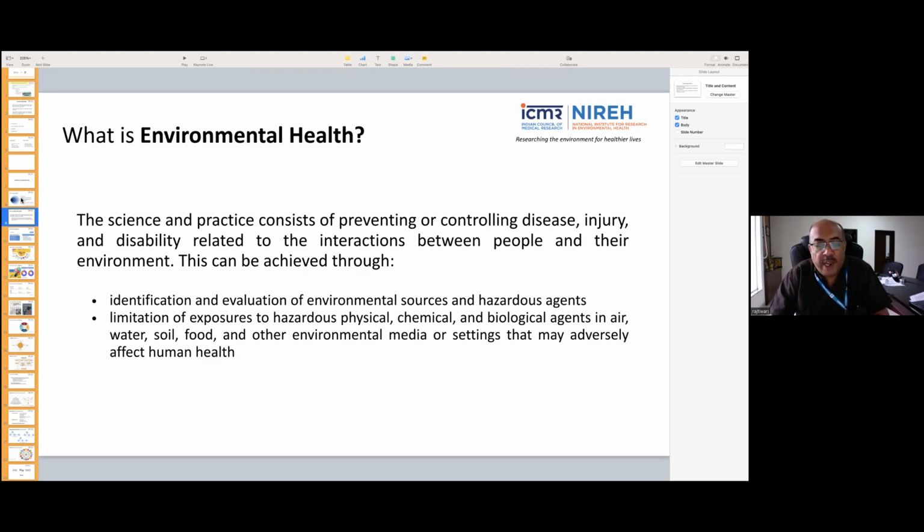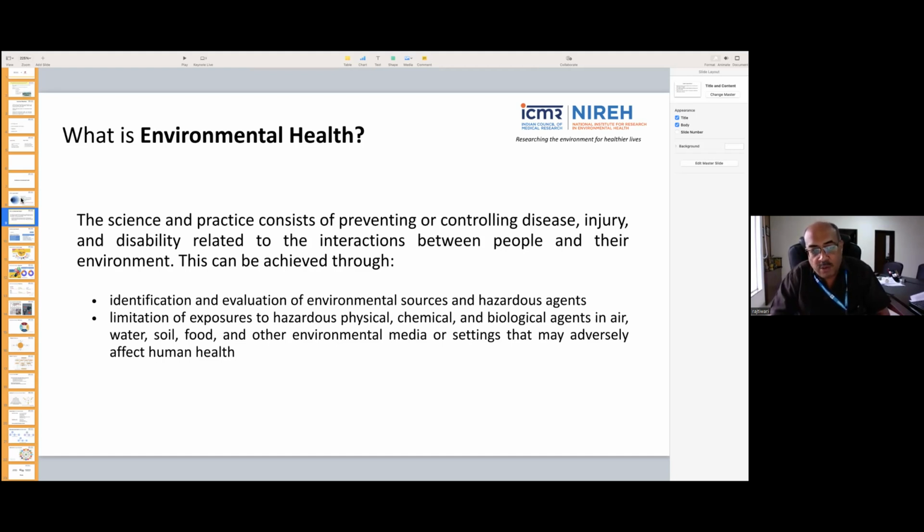First, we identify what are the environmental sources, what are the environmental agents which have the potential of, or are causing, harmful effects on human health. So we identify them, and wherever possible, wherever we have tools, we want to monitor or evaluate those environmental causes. And then we put the principle of prevention or protection there so that the exposure or the interaction of people with these harmful environmental sources is minimized.